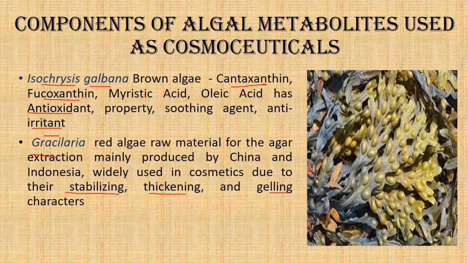All the xanthophylls have very good antioxidant properties. And Isochrysis galbana, Dunaliella salina, Haematococcus pluvialis and Tetraselmis, these four algae are found growing in both fresh as well as highly saline water.